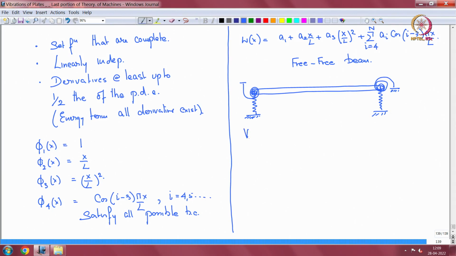And last, if you want to implement your potential energy term, it is EI by 2 integral x equal to 0 to L of del 2 W by del x square, squared, dx, that is the original beam potential energy.